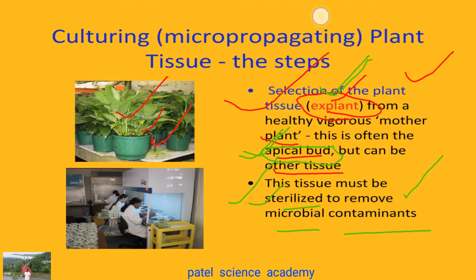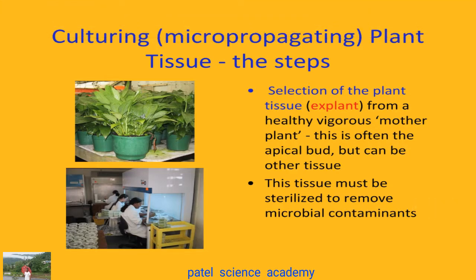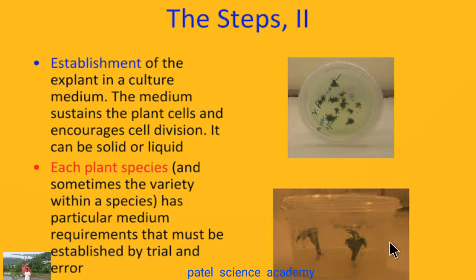So dear students, from here I will not use another word, I will just use the explant here, so that it will be easy to understand the ahead portion of this tissue culture. In the next step, dear students, I hope you have understood about the first step. First step is simply the selection of the plant tissue as an explant and its sterilization.